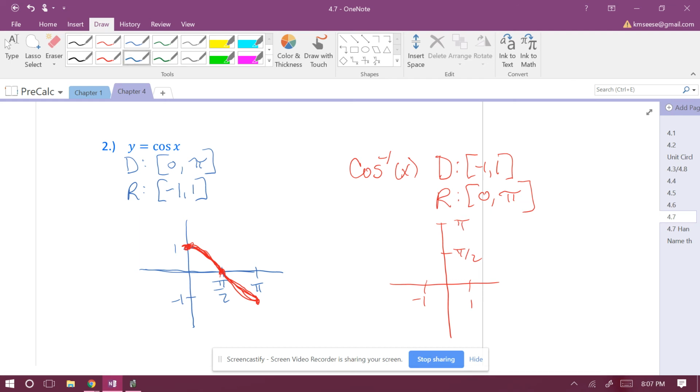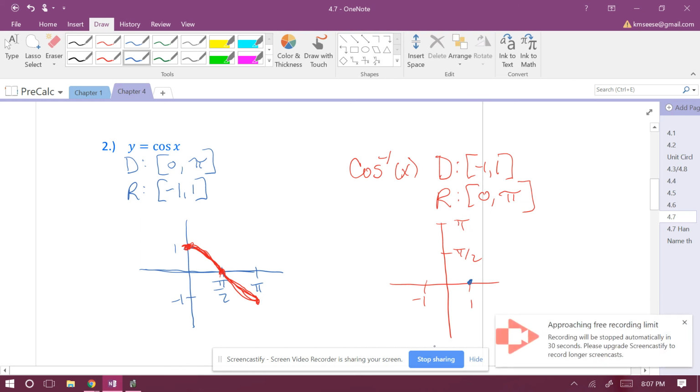Switching these, instead of 0, 1, I'm actually going to be at 1, 0. And instead of pi halves, 0, I'm at 0, pi halves. And then instead of pi, -1, I'm at -1, pi. And I will have this piece of my curve.